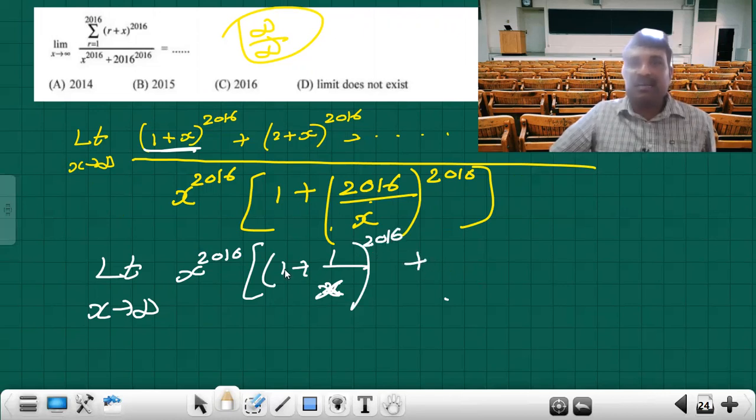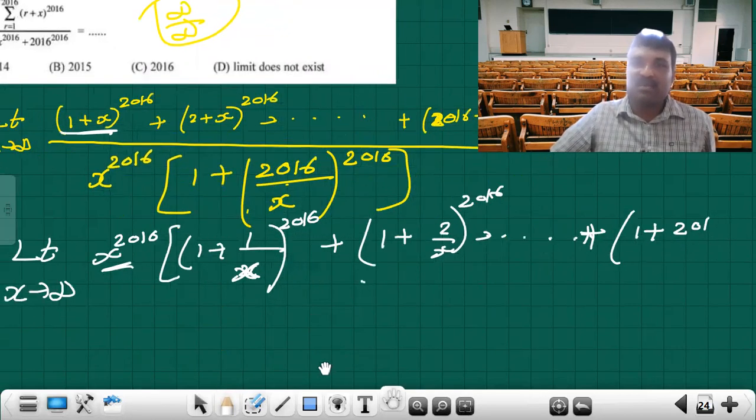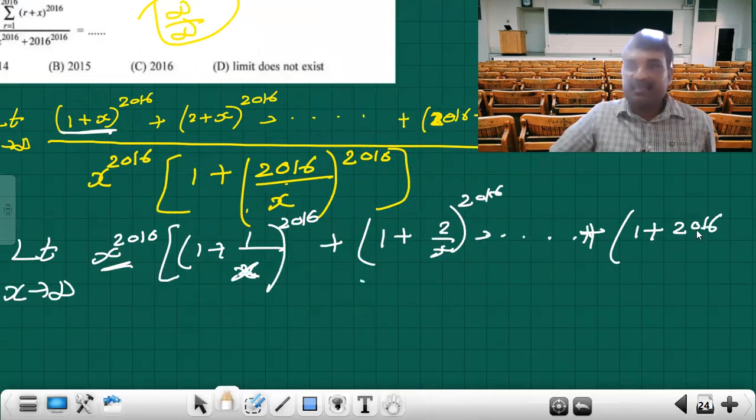Second term, similarly this term is taken outside. So we can write this as (1 plus 2 by x) raised to 2016. And it goes on. And the last term we can write as (1 plus 2016 by x) all raised to 2016.